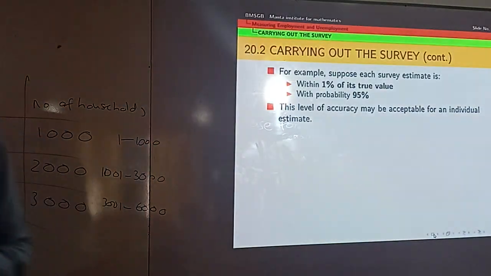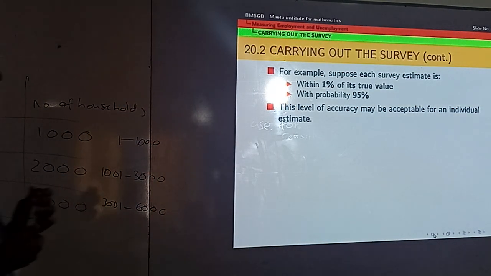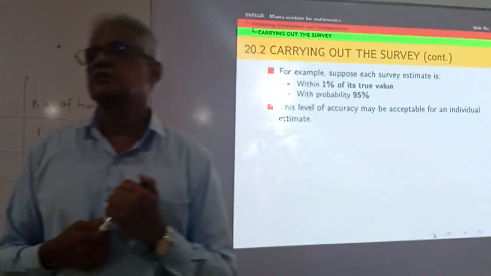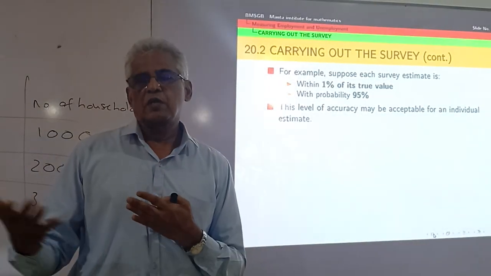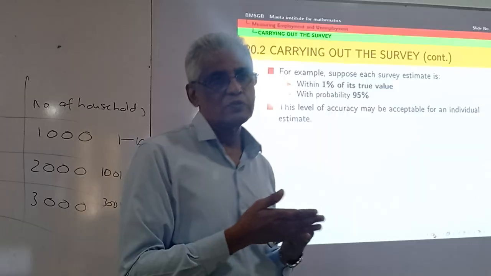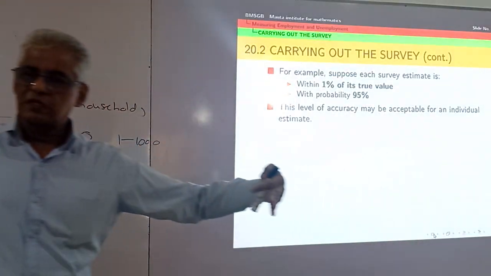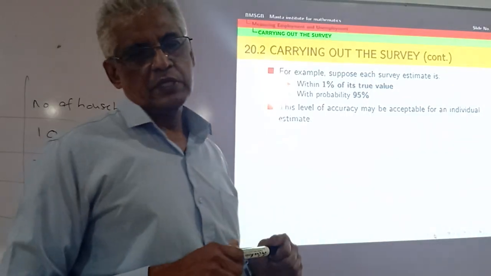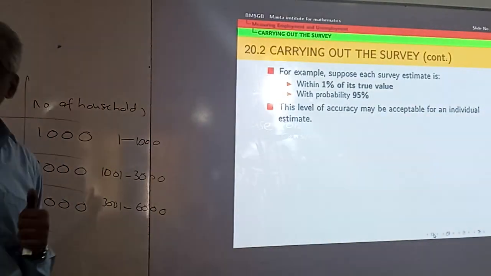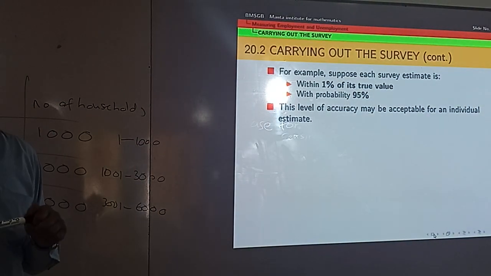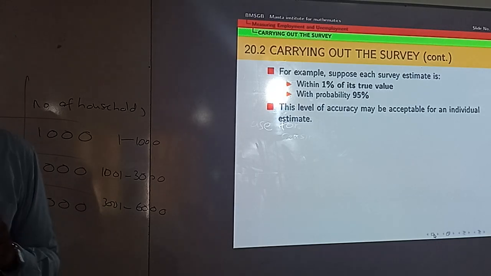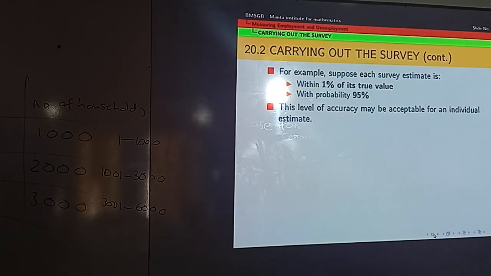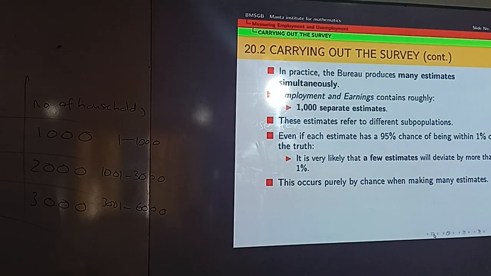Even if people are talking about the 95% confidence interval for their estimates of individual values, if they consider several together, a large proportion of them can have less confidence about the accuracy, not 95% in that case. So this has to be considered when you are analyzing and reporting these things. Right. So that's the same thing they are explaining.